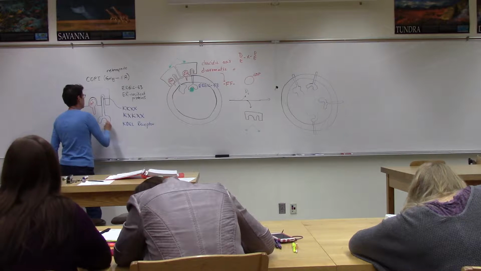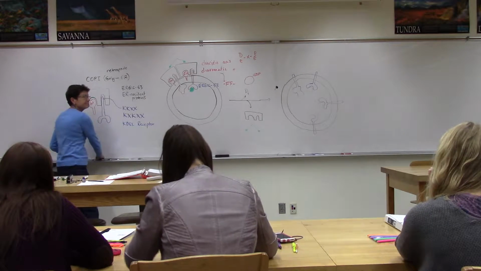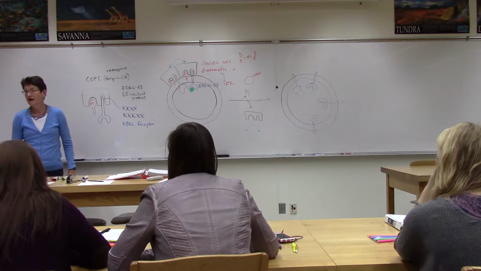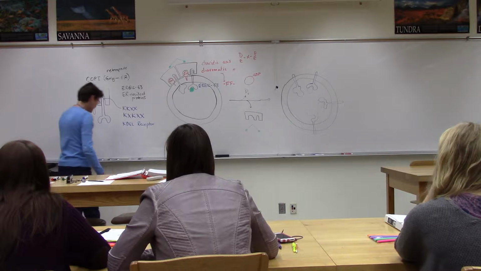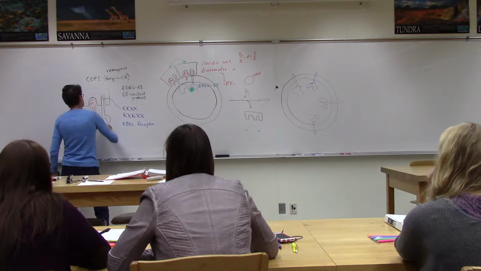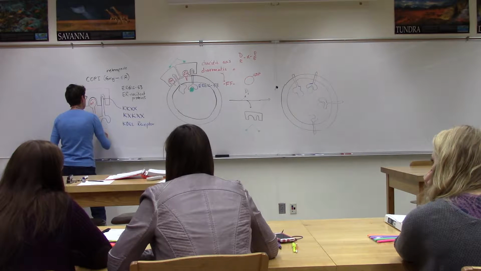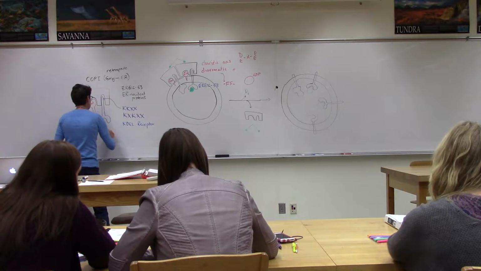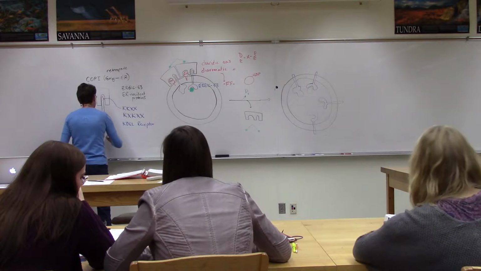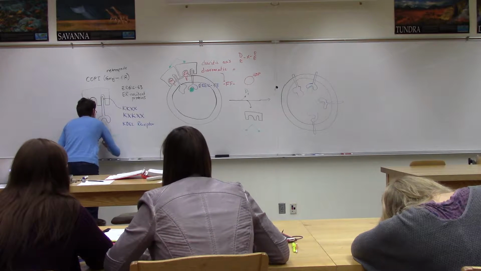What do you think is going to bind to the KDEL receptor? Proteins with a KDEL sequence. And what are those kinds of proteins? These are resident ER proteins, luminal, with the KDEL sequence.